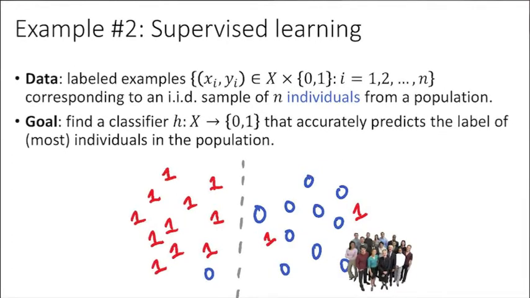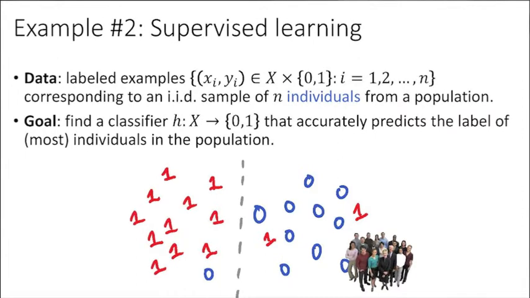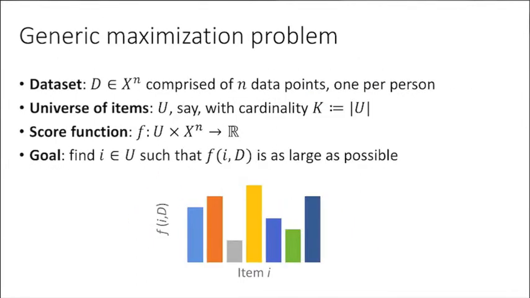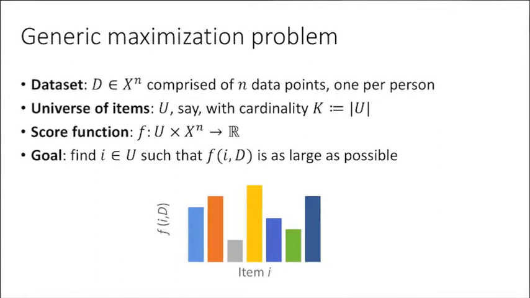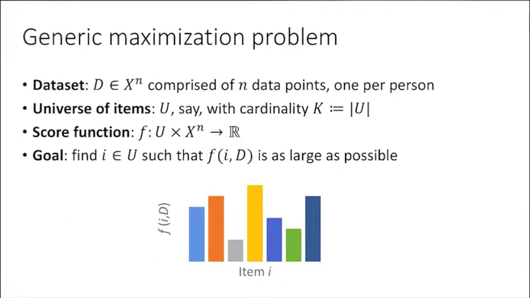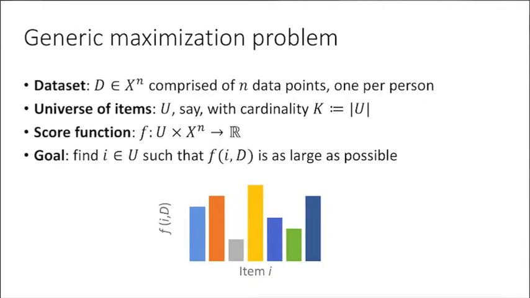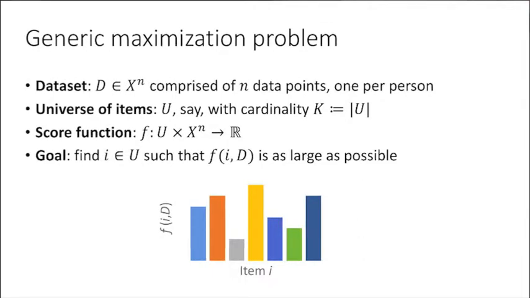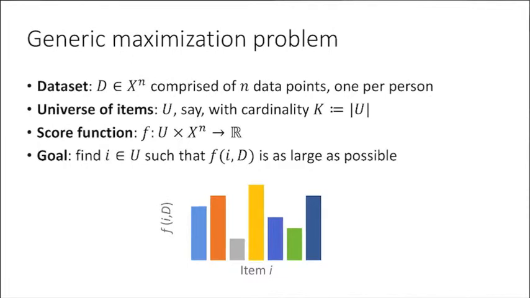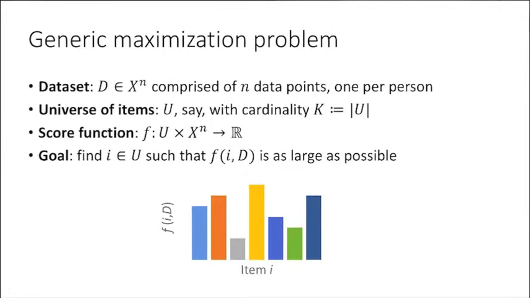So a lot of these problems can actually be cast in a very generic framework where you have data about individuals, a bunch of data points, one for every individual. You want to find some item, for instance, a classifier or an itemset or some kind of object from some universe which has potentially a very large cardinality. For now, we'll just think of it as finite. And then there's some way to measure the quality of this item, a scoring function that takes an item and the data set and gives you a score.